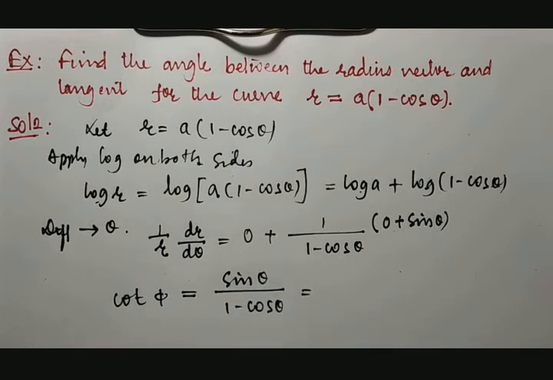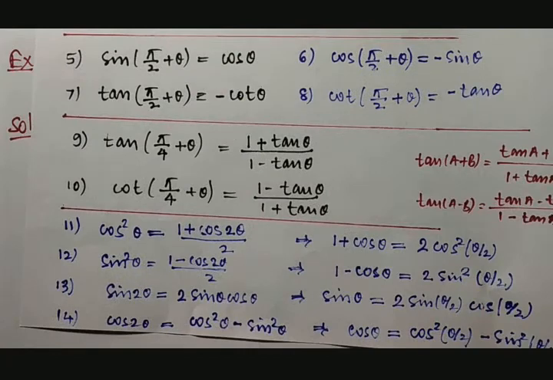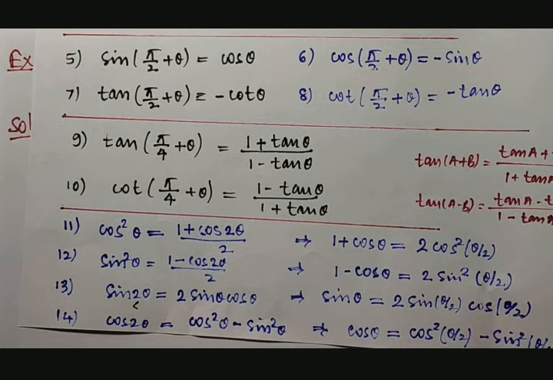Then how will this sin theta be written? As per our previous discussion, sin theta is equal to 2 into sin theta by 2 cos theta by 2. Then comes 1 minus cos theta, that is 2 sin square theta by 2.